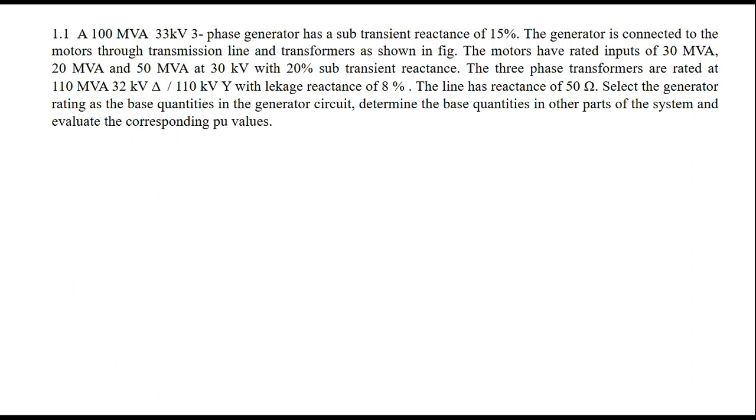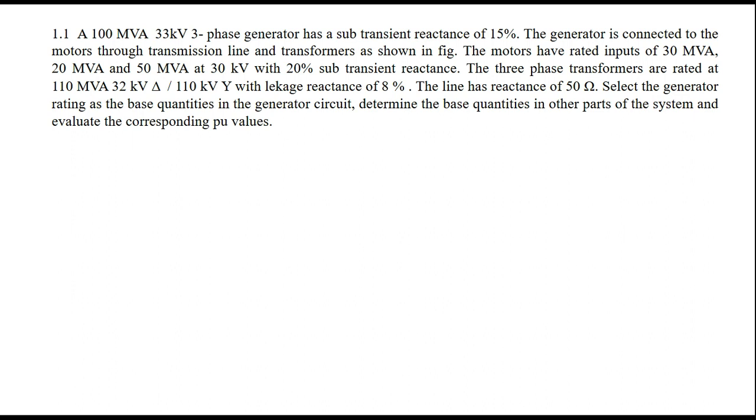These motors are connected to a transmission line with 50 ohm reactance. The motors are connected through the transmission line and 2 transformers having a capacity of 100 MVA, 32 kilovolts at the delta side and 110 kilovolts at the star side, with a leakage reactance of 8%.